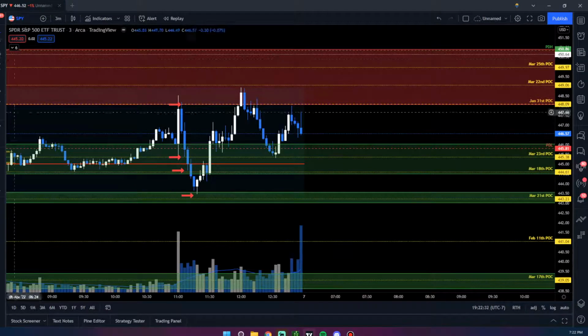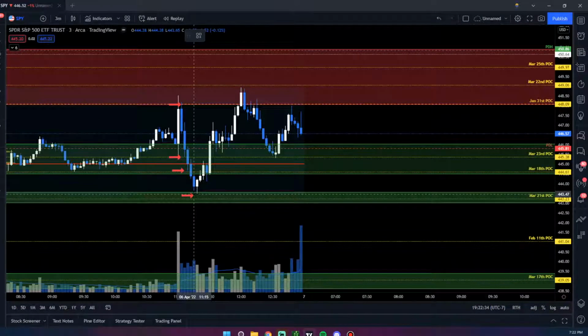When we see this bounce here, I'm hopping in calls, if I'm fast enough, right when we break this box. And same thing, I'm going to look for a rejection here.